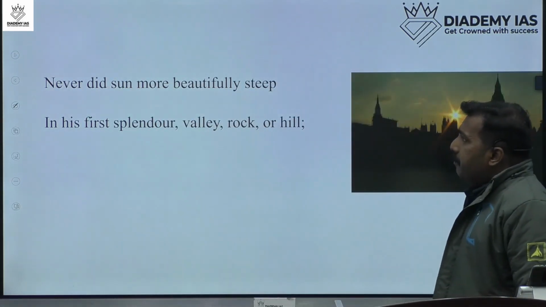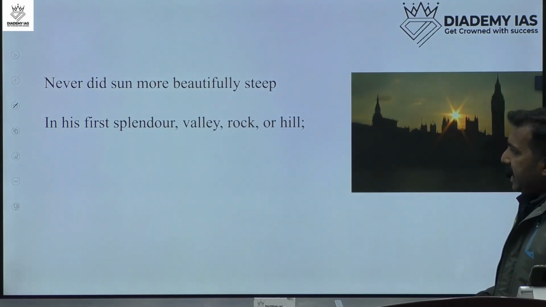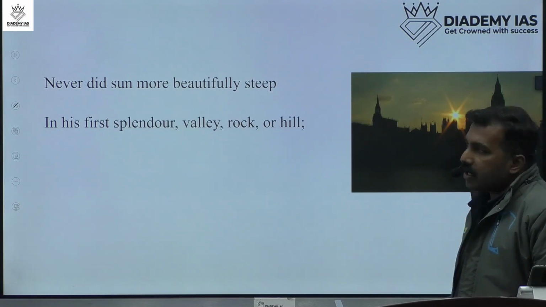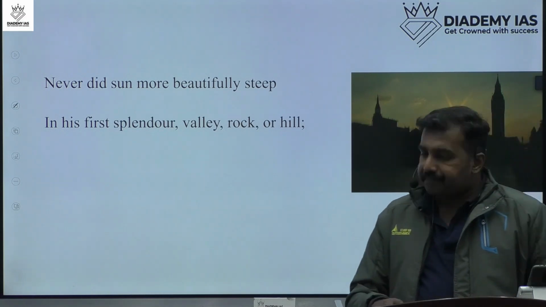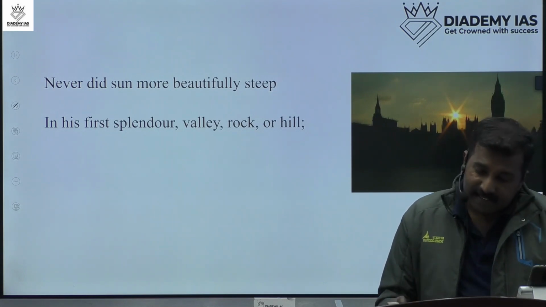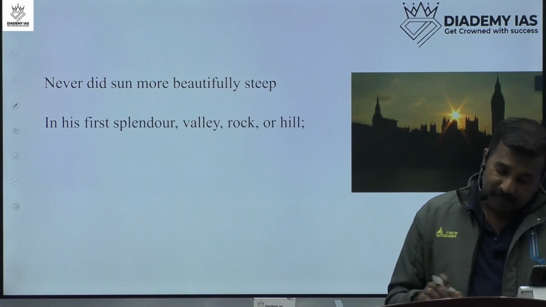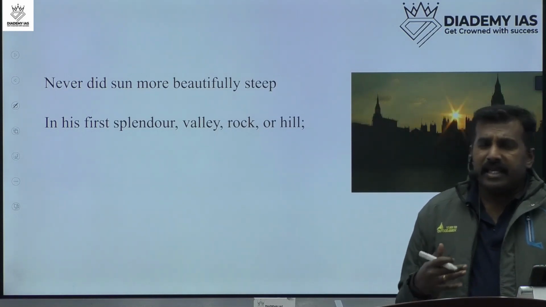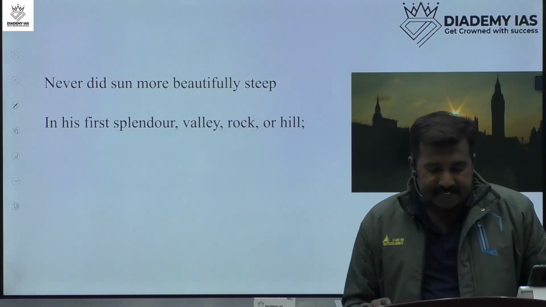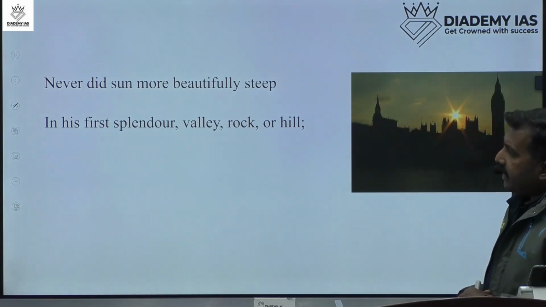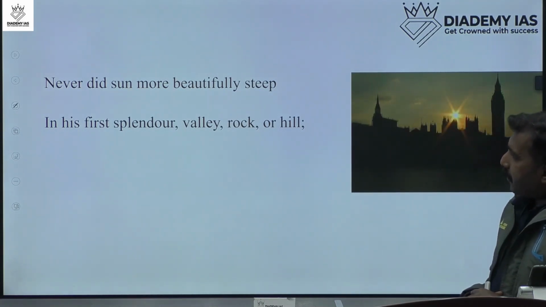Never did sun more beautifully steep in his first splendor, valley, rock, or hill. Okay. So in the next lines of the poem, William Wordsworth, the poet, praises nature. Okay, never did sun more beautifully steep.